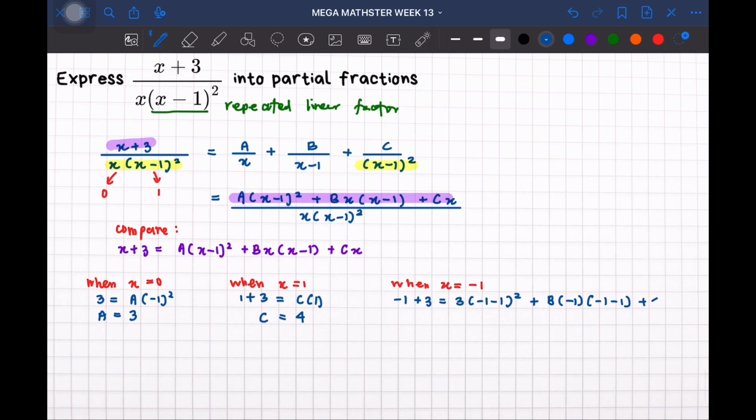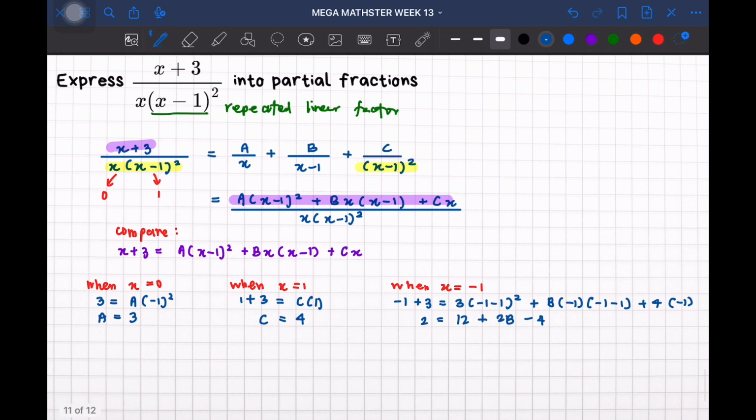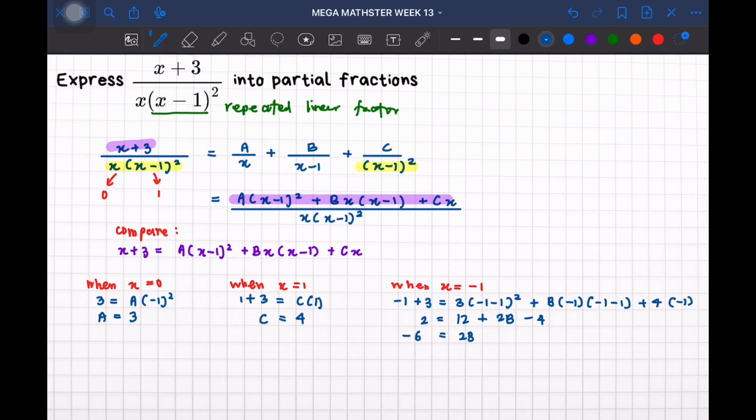Okay, and then plus C is 4 times -1. So simplify, we get 2 on the left hand side. And then -1 times -1 over here, we have -2. -2 square is 4. So 3 times 4, we have 12. And then we have plus 2B minus 4. Okay, so when simplified, we will have -6 is equal to 2B, then B is equal to -3.